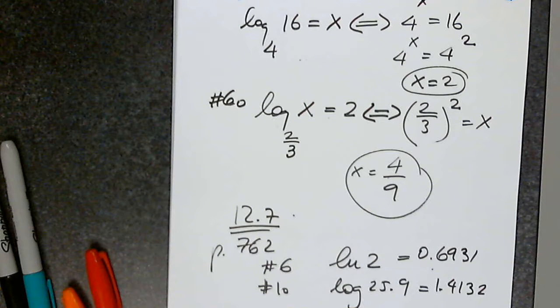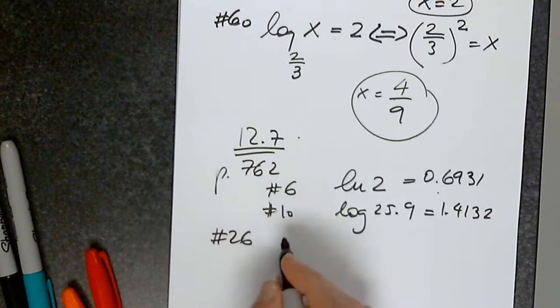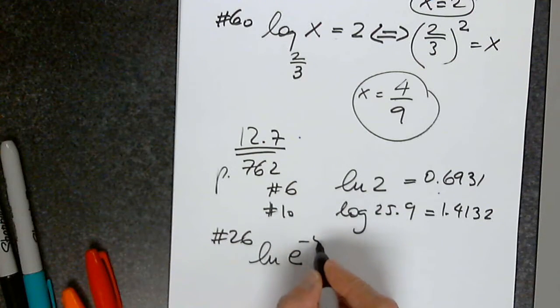Okay, so before we look at a few equations, I like to find the exact value. Same thing, same idea. Okay, so let's say 26. Natural log of e raised to -5.